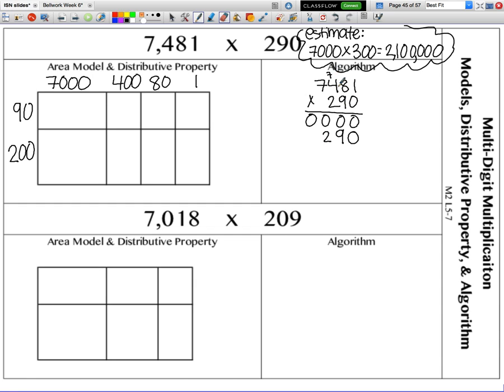Carry my 7. 4 times 9 is 36. Oh, plus 7 is 43. Okay, here we go. So then carry my 4. So then we've got 7 times 9, which I know is 63, plus 4 is 67. So there's my partial product there.